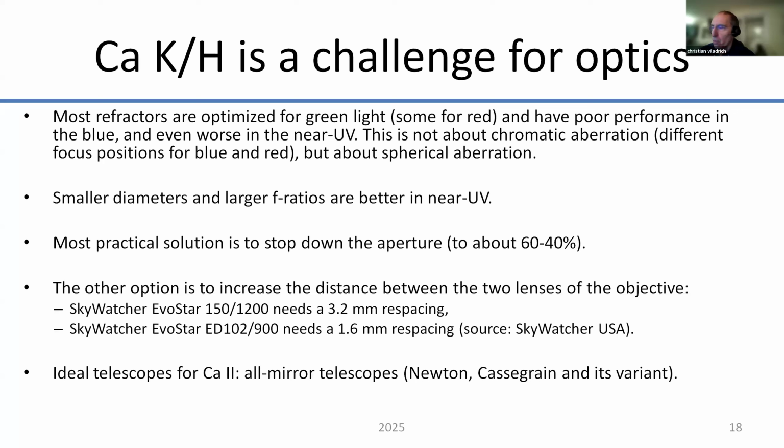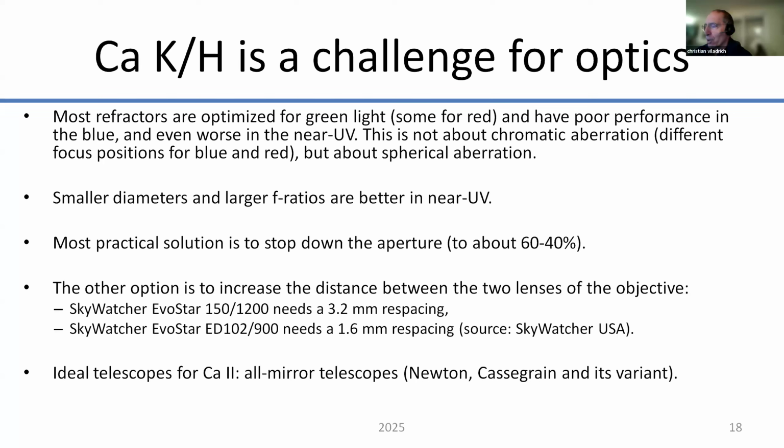Another option, which is a bit more tricky, is only valid for refractors with two lenses. This is to increase the distance between the two lenses. So you have to unmount the objective. This is not very easy, but it is possible to do. And you have to set the distance between the two lenses at the right distance, so you have to know what the right distance is.